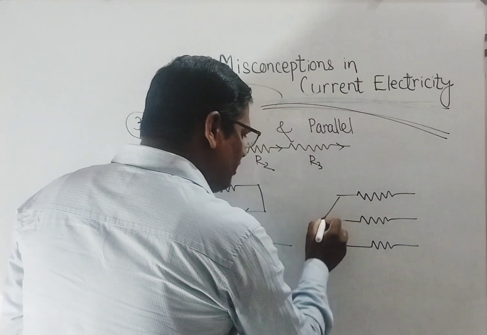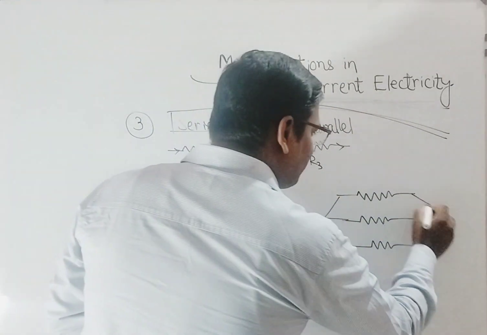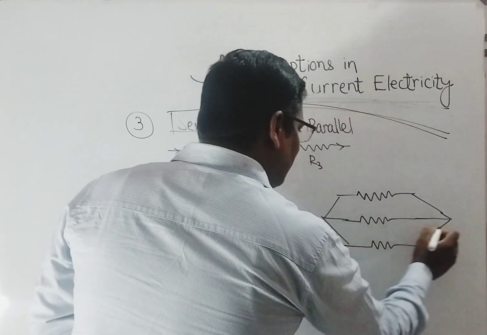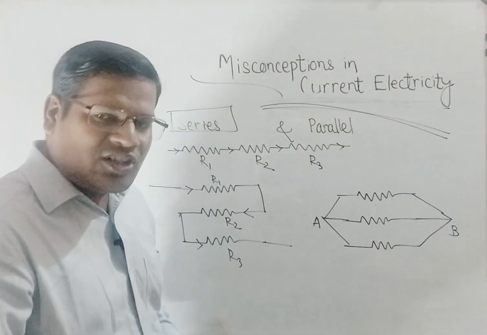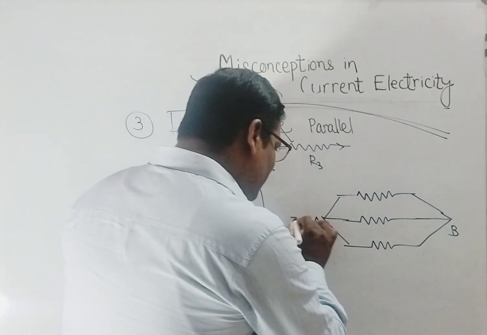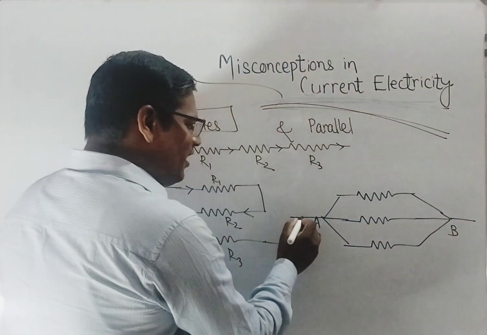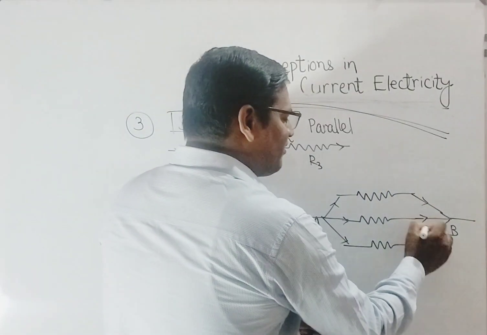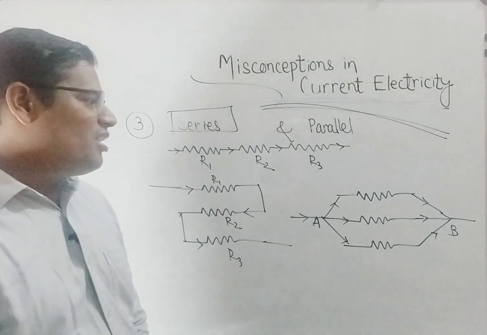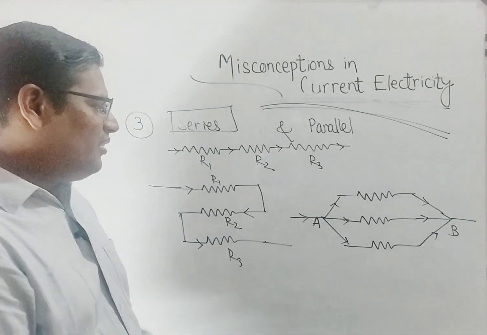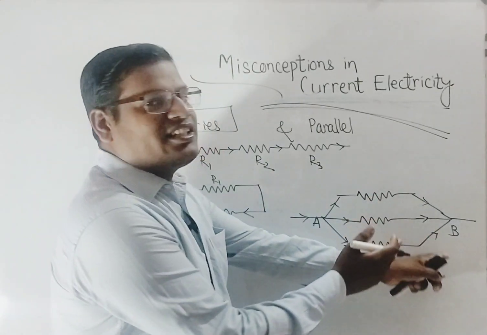Now let's say all three of them are connected to the same points, A and B. So the same potential difference exists between A and B. Then we will say that all the three resistors are in parallel. So here the current gets divided and then again it gets merged here, and again it gets merged here. So the connection has to be in this way, right? The current gets divided and again it merges.